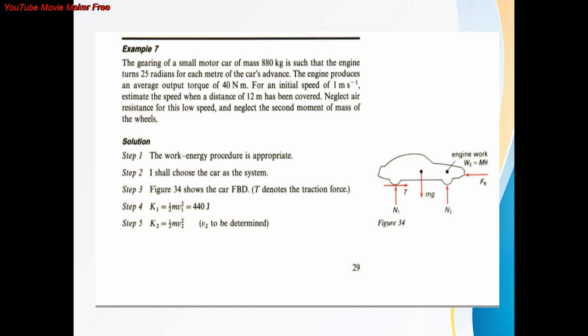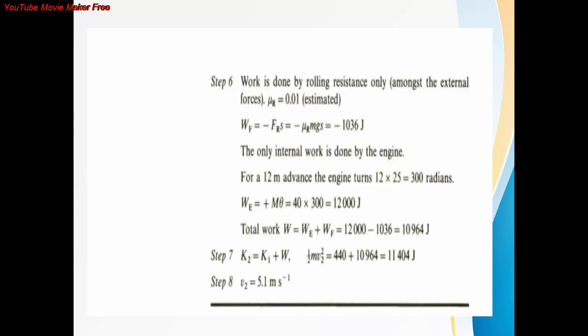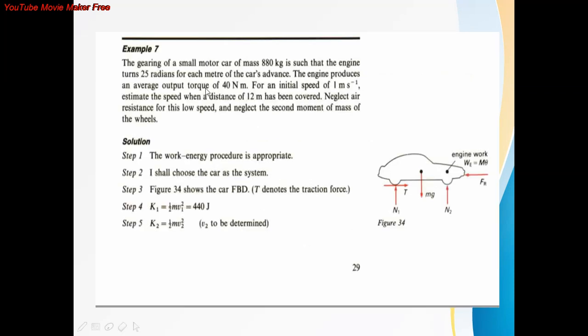Another work done is because of the output torque of the engine. That engine work we also have to find, which is equal to M into theta, where M is torque and theta is the total rotation of the engine.